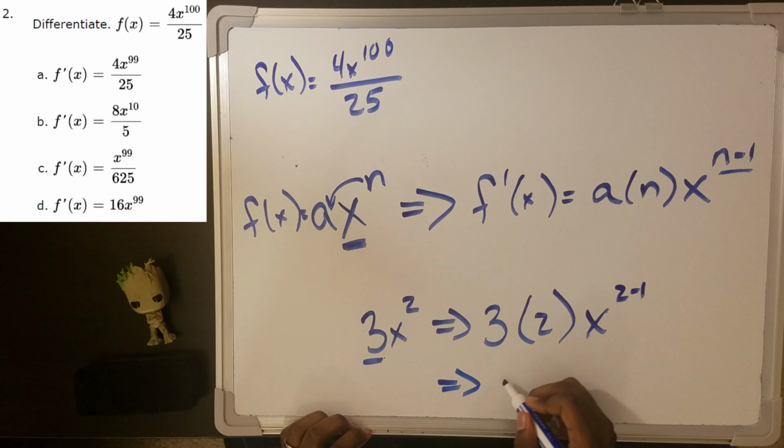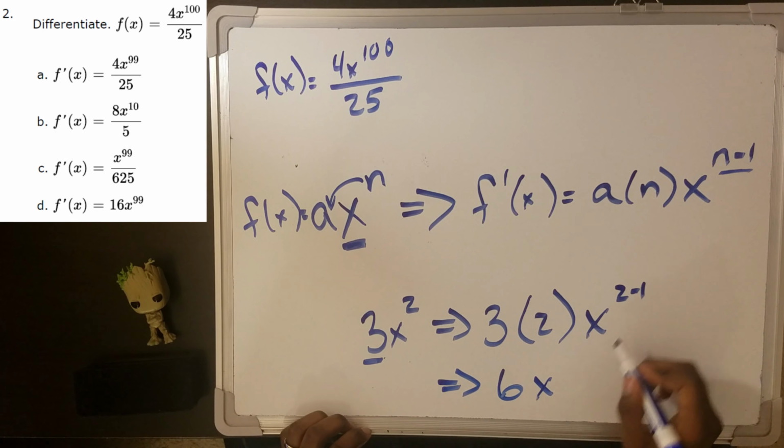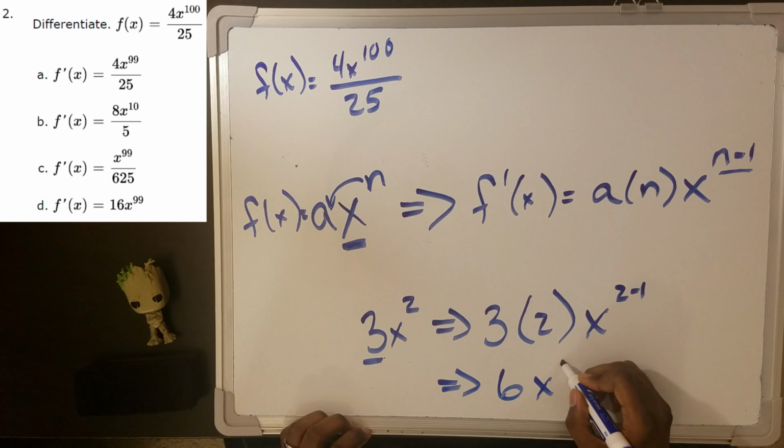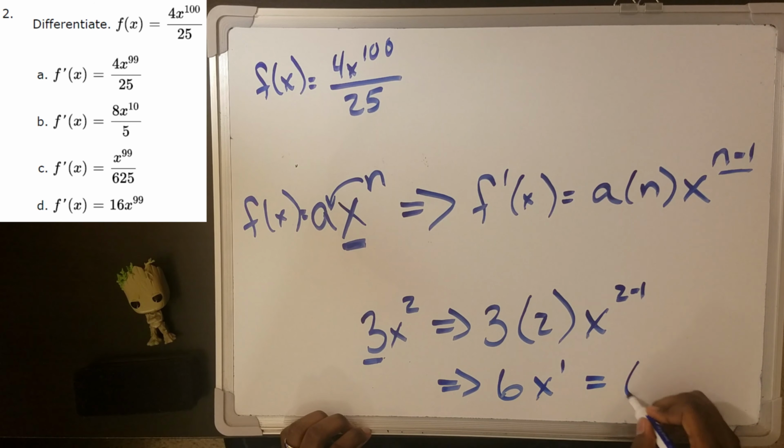When you multiply these together, it gives us 6x, because 2 minus 1 is 1. We're bringing our exponent down, multiplying by the coefficient we already have, and subtracting 1 from the exponent to get our new exponent. So we're going to apply this rule to this question.